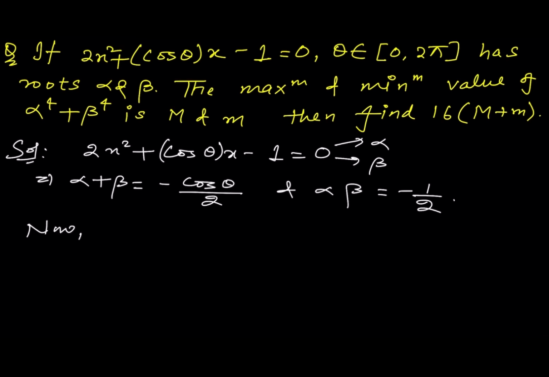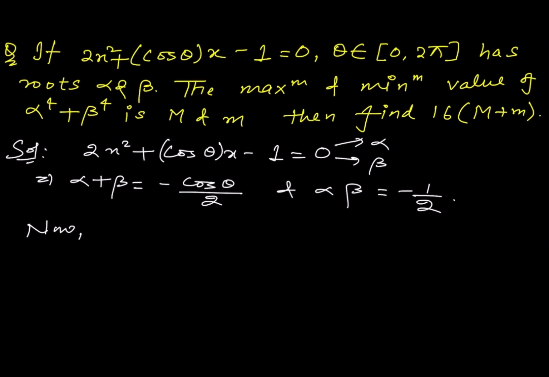We have done so many things in symmetric functions of roots. In that topic, we have seen α² + β² in terms of α + β and αβ, α³ + β³, α⁴ + β⁴, and so on.